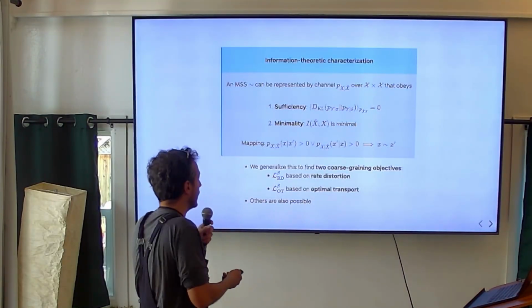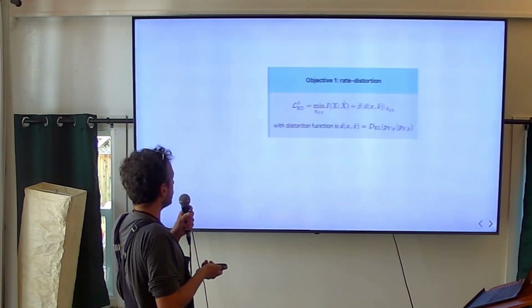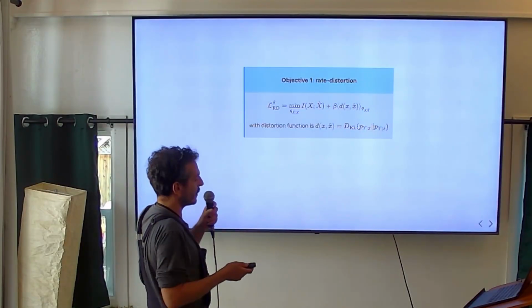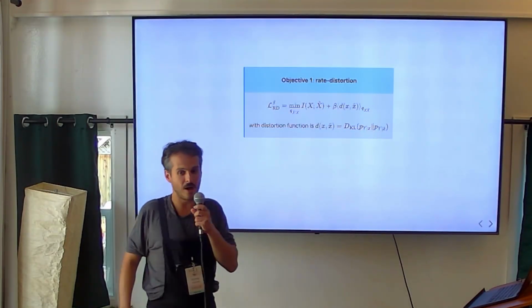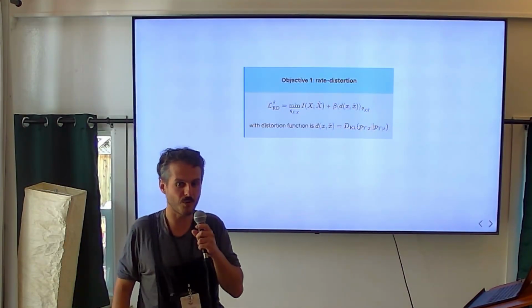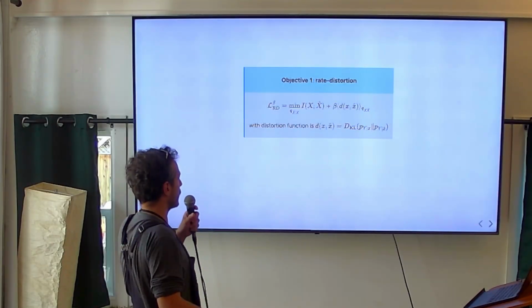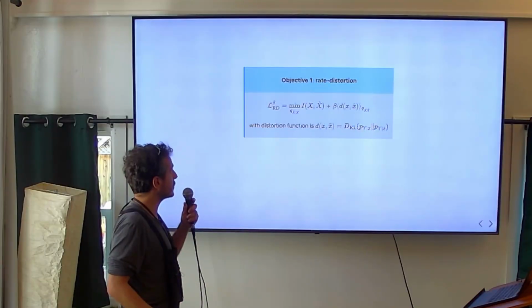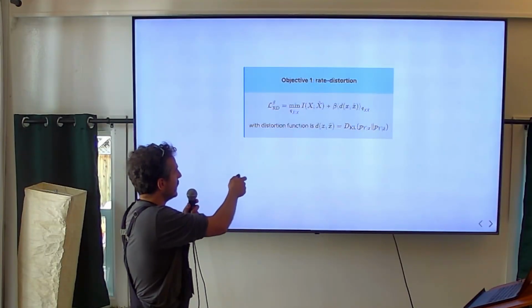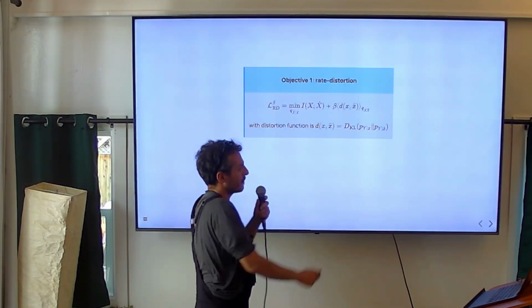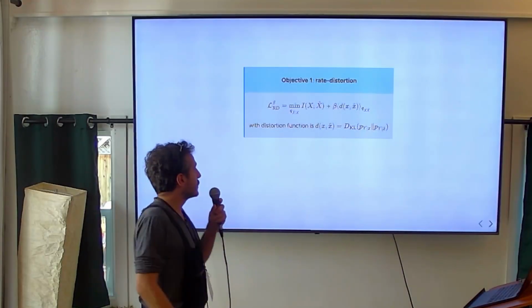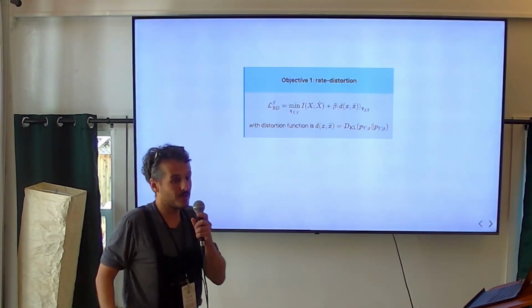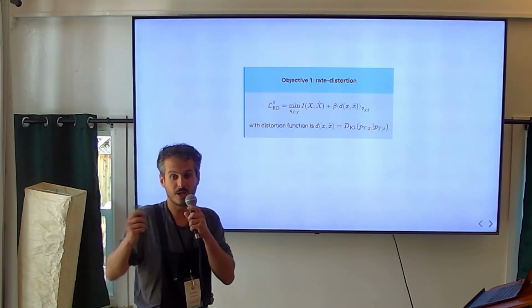So let me now say, this suggests that we just think about this problem of information-theoretic coarse-graining using, as I call it, the regular garden variety rate distortion, where we minimize the information transferred to the compressed representation x hat, but we also minimize the expected Kullback-Leibler divergence between these predictions.